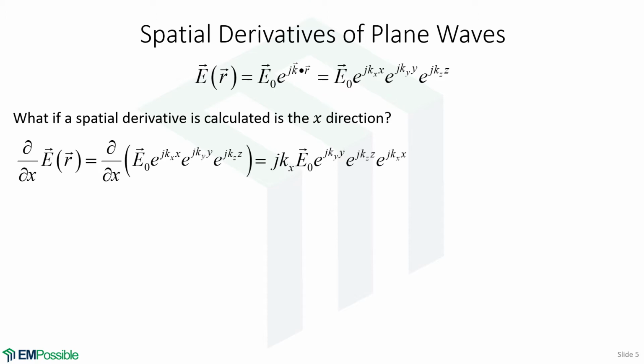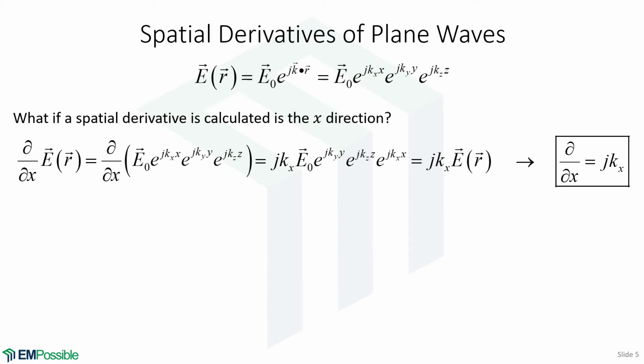All right, now let's look at the expression left over here. This is the expression of our original electric field. So let's just write it that way. Now look at what we've done. We were taking the derivative of the electric field, and what we have seen is it's just jk sub x times the electric field.